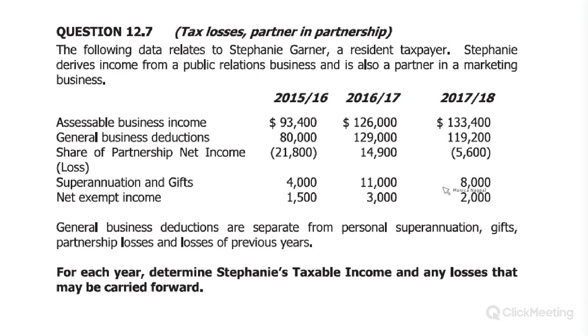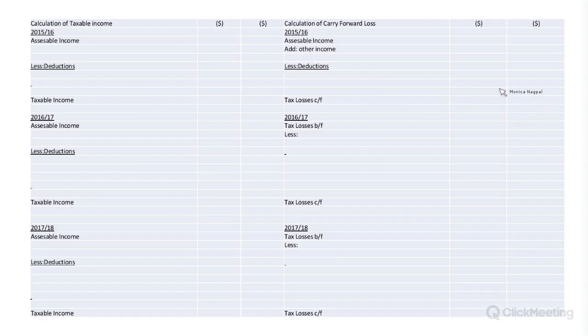Okay, second part of the question. Now, in this one, remember there is no loss. There's actually a profit from partnership income. Now, Ayami said she missed it. Okay, I'll go again, Ayami. What I was saying was, write down the total deductions that you calculated on this side of the spreadsheet for 2015-16.